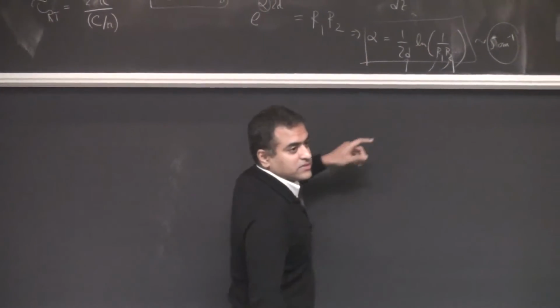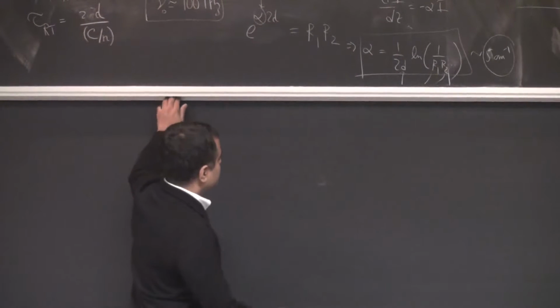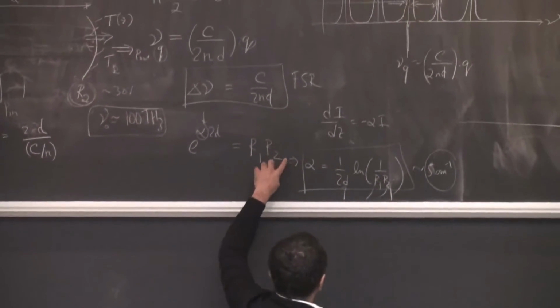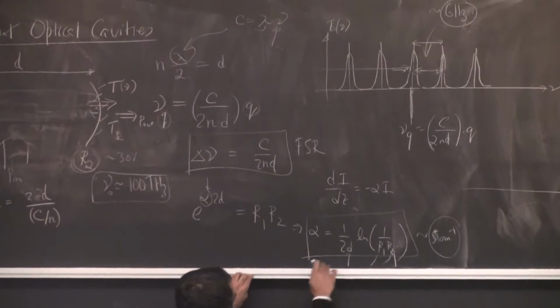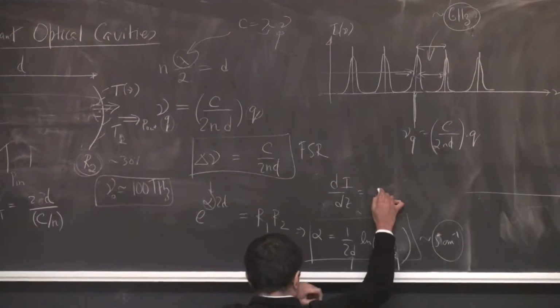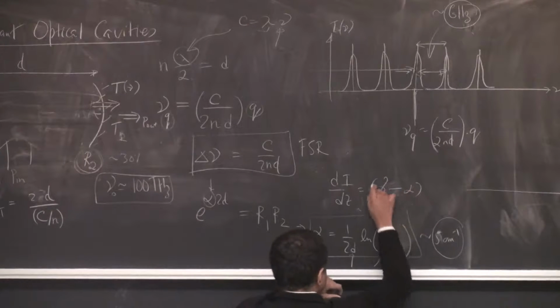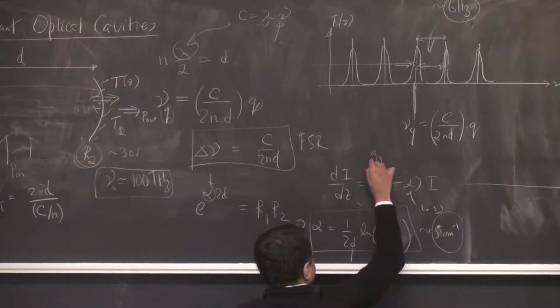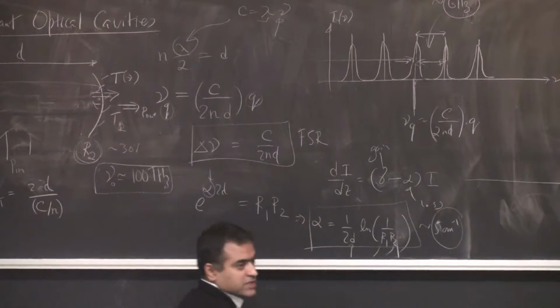We'll do that now. The gain medium will show up here. So this is the total. We'll see now that, excuse me, gain coefficient and loss coefficient. That's how it's going to be, right?